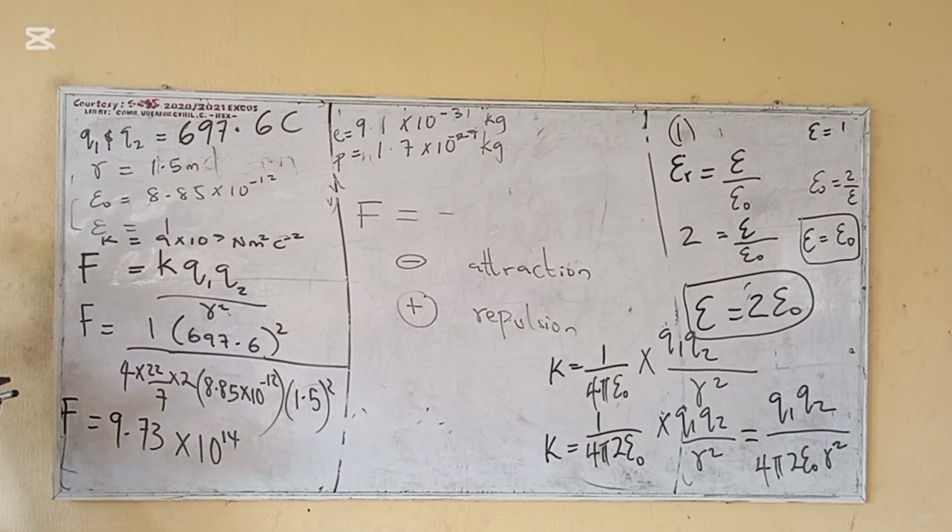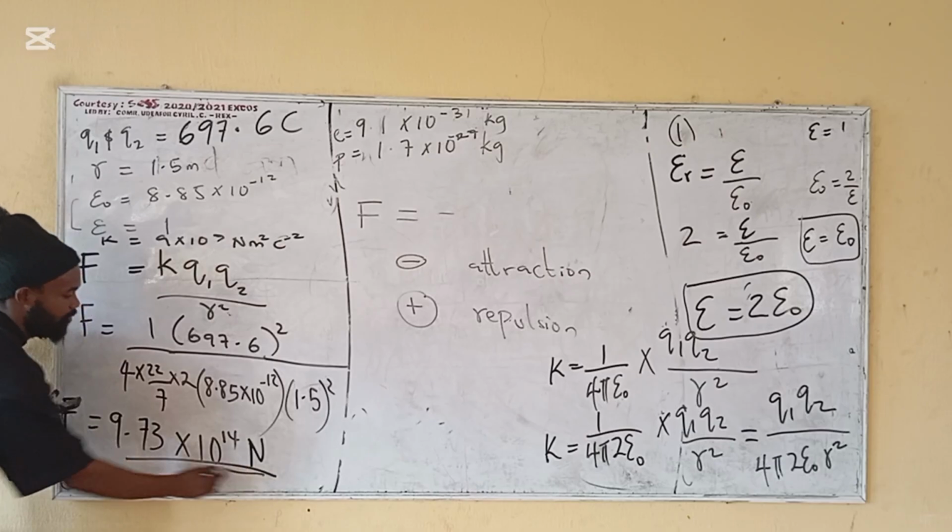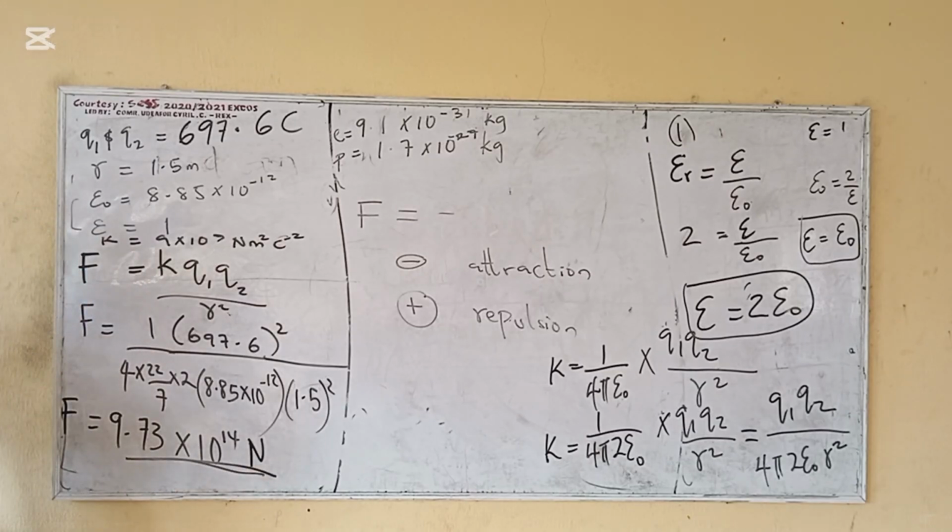The law of electricity and magnetism is the same. So punch, check if it's the same thing. The answer is in Newtons: 9.72 times 10 to the power 14, okay, not 73.